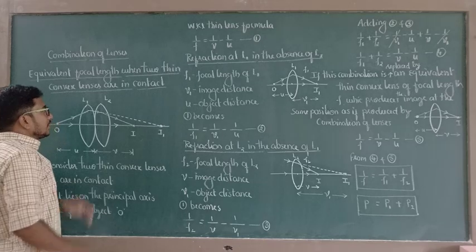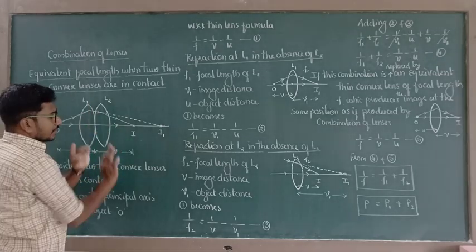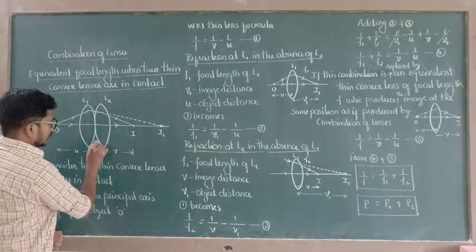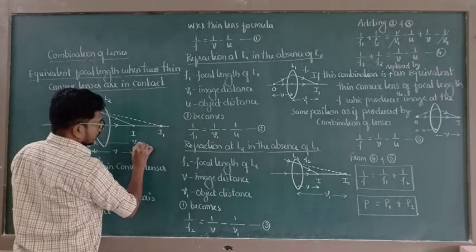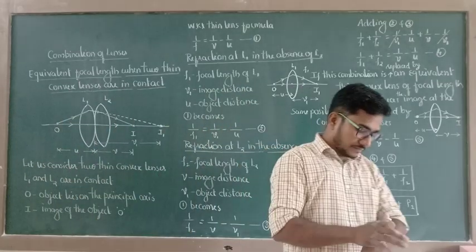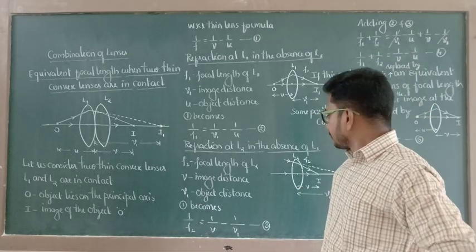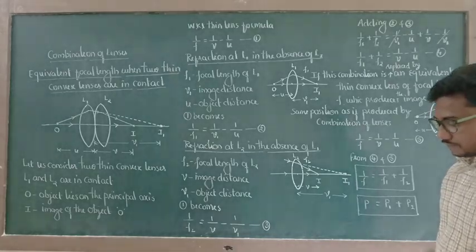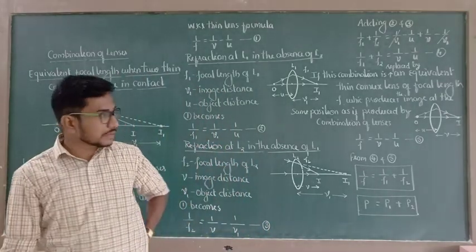Then in the absence of L1, I1 acts as virtual object and its image lies at I. Therefore, here this distance is B1. So try to remember all the mathematical steps.